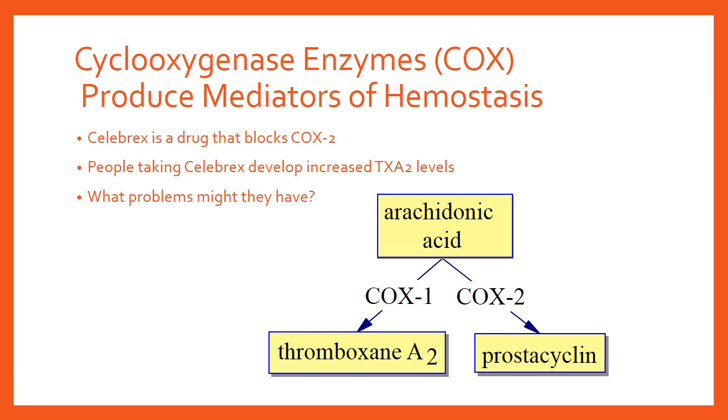A good example of this is Celebrex, which is a non-steroidal anti-inflammatory drug that blocks the production of COX-2. It's a COX-2 inhibitor, which may reduce the inflammation secondary to arthritis, and as that occurs, the pain secondary to arthritis decreases.